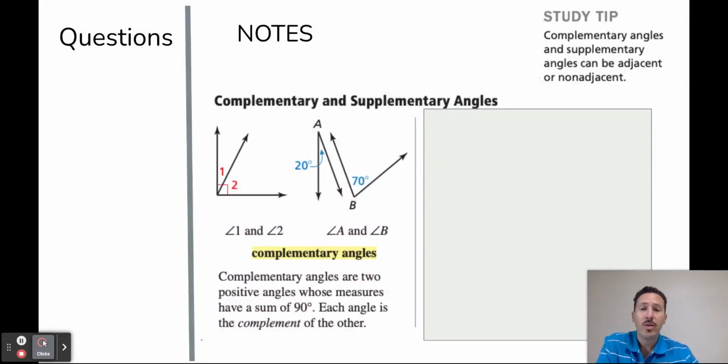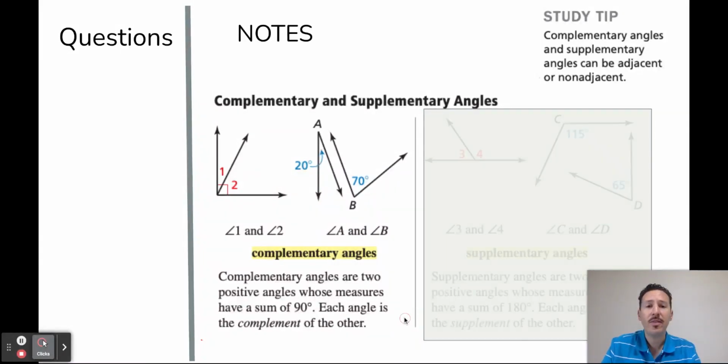So we have these two types of angles, complementary and supplementary angles. Complementary angles are going to be any two angles, whether they are adjacent or non-adjacent, whose angle measures add up to 90 degrees. So if the two angle measures add to 90 degrees, then you have complementary angles.